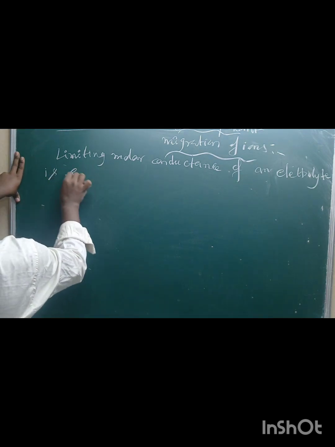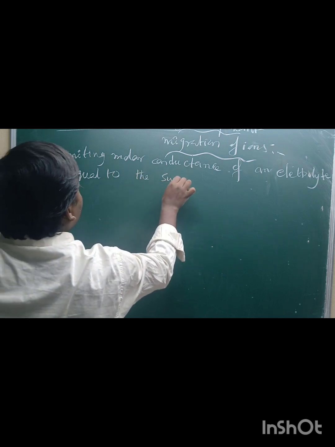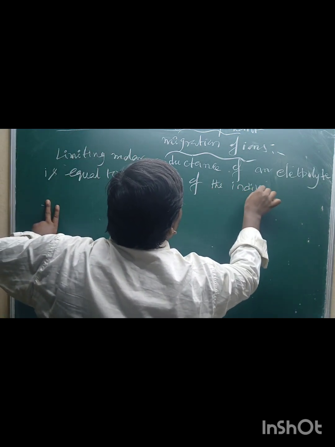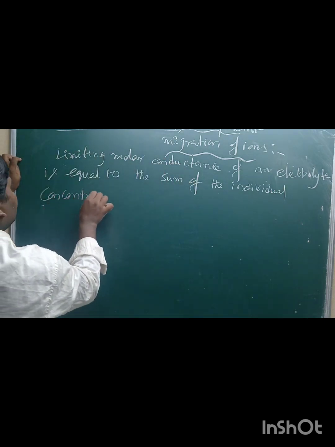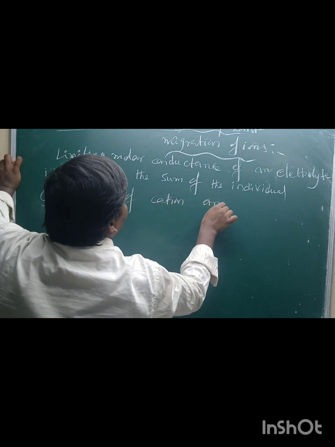is equal to the algebraic sum of the individual contributions of the cation and the anion of an electrolyte.